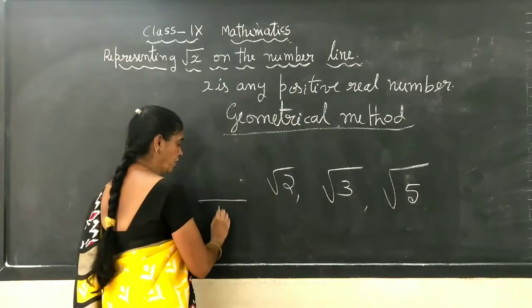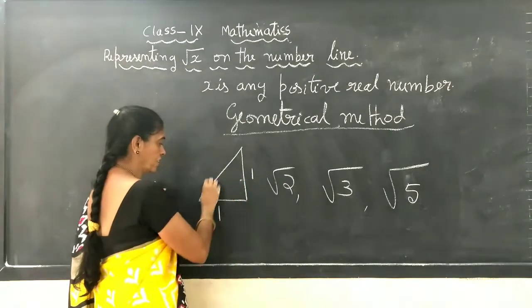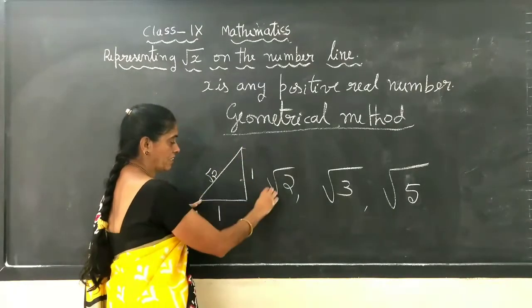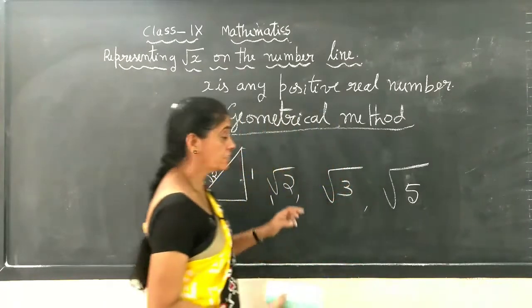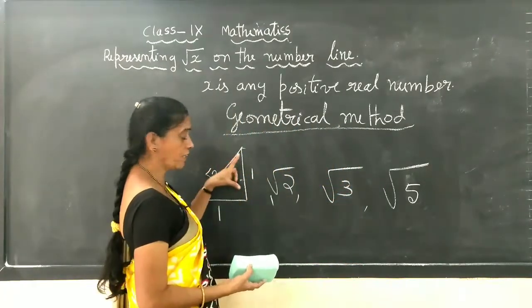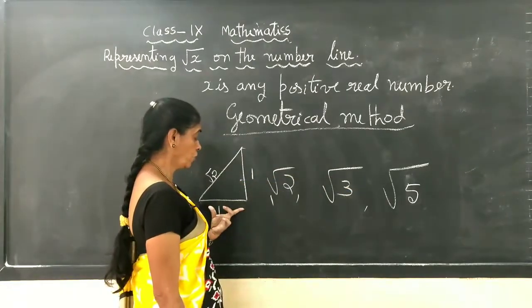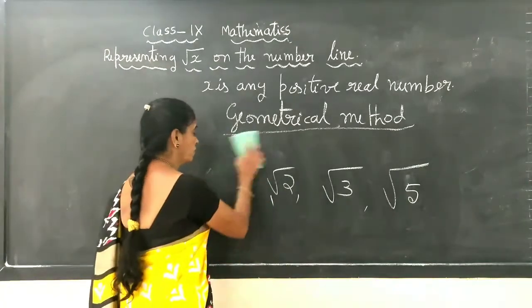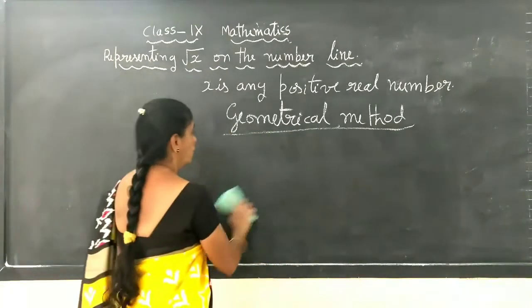For square root 2, 1 we have to take and 1 we have to take and join this, it is exactly square root 2, and that length you have to measure and mark it on the number line. For square root 3, square root 2 and 1 we have to take. To represent square root 5, here 2 units we have to take and 1 unit you have to take. In all the cases, the hypotenuse will be the irrational number which we want to represent.